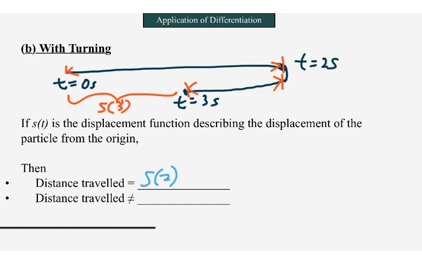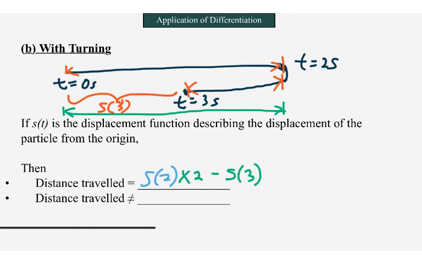Hence, to find the total distance traveled by the particle, firstly we take the distance traveled forward as the substitution of 2, multiplied by 2, considering the whole distance from this part to this part. So it is two-way, one way forward, another way in reverse, minus the displacement at t equals 3.